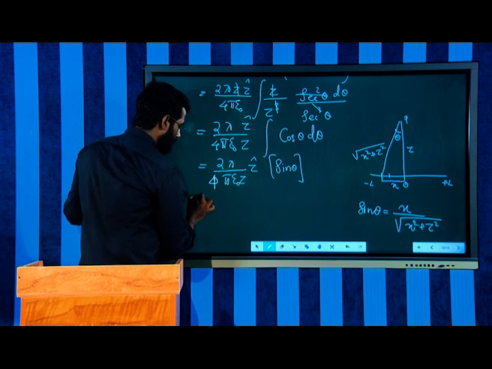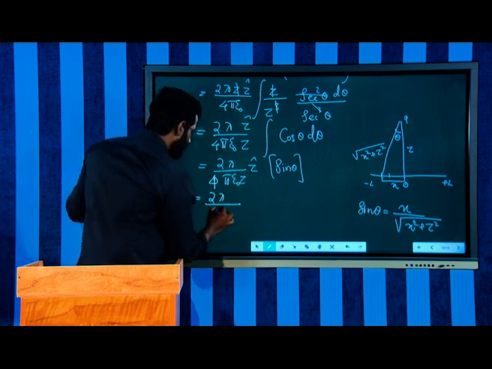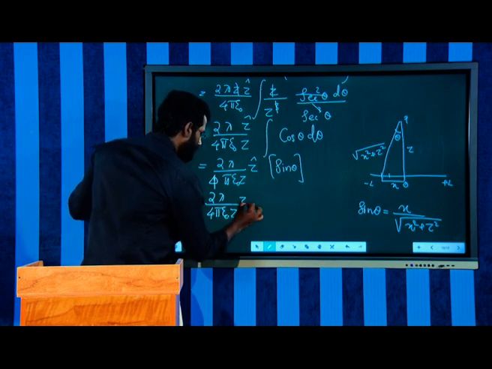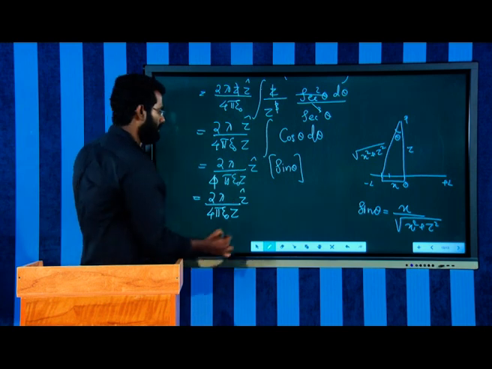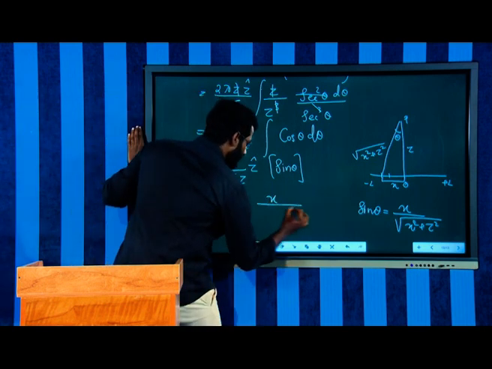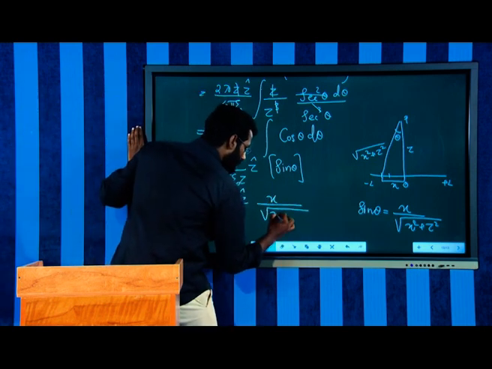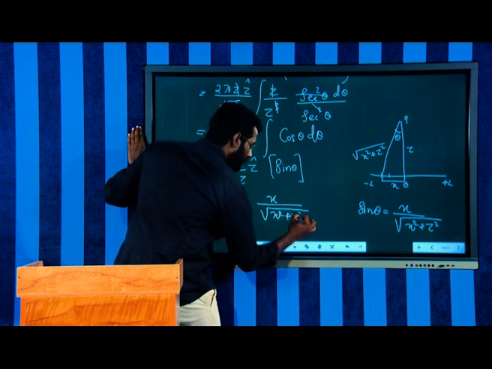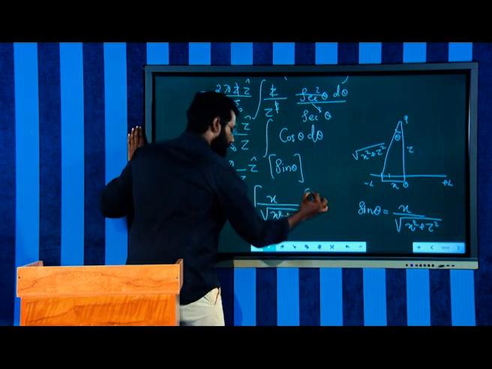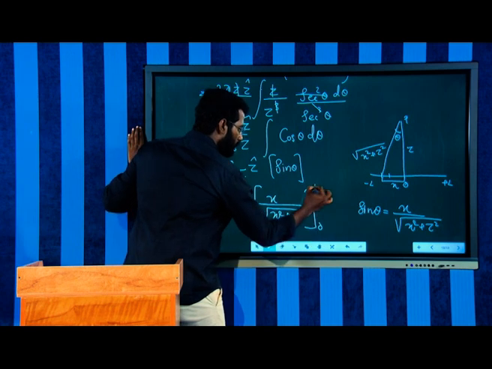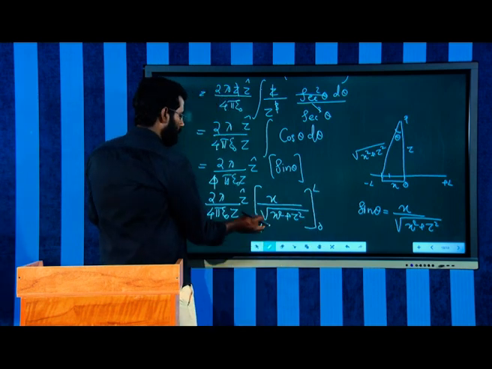Now, this is equal to 2 lambda divided by 4 pi epsilon 0 z cap into sin theta. What is sin theta? Sin theta is x divided by root of x square plus z square. Now we can resubstitute the limits, that is from 0 to L. Let us substitute it back.